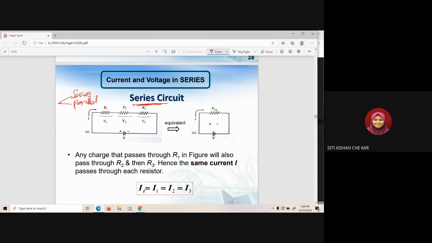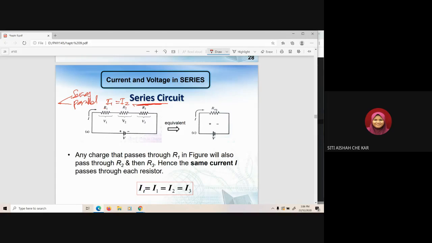You put them side by side, so automatically it is considered a series circuit. So for a series circuit, the current is equal. So the current flowing through resistor 1 equals the current through resistor 2 and equals the current through resistor 3.